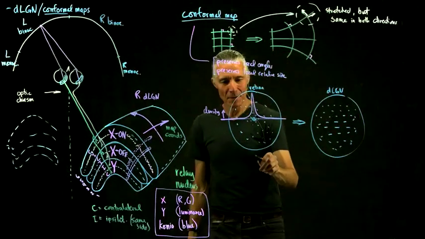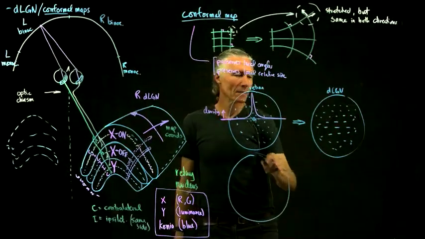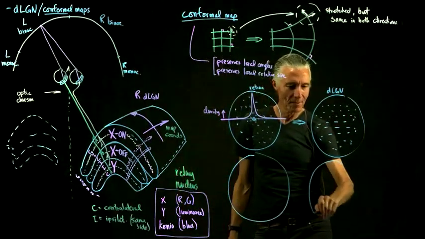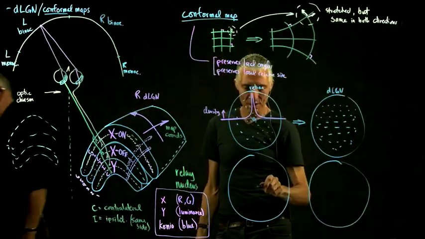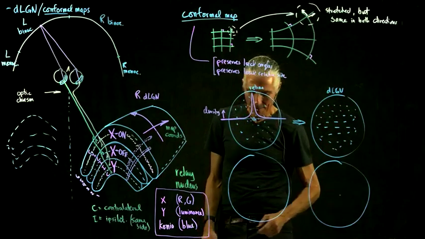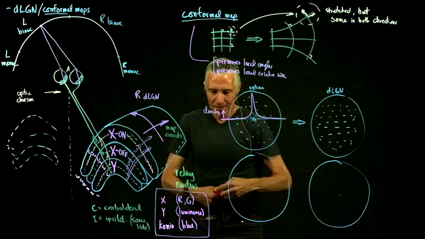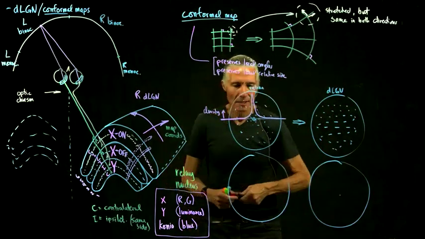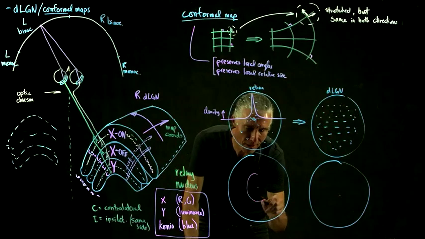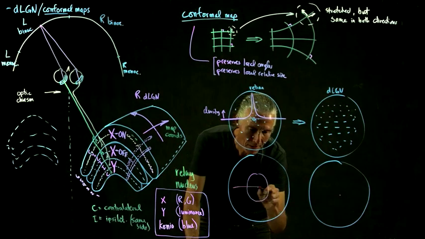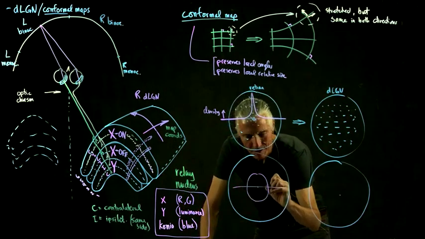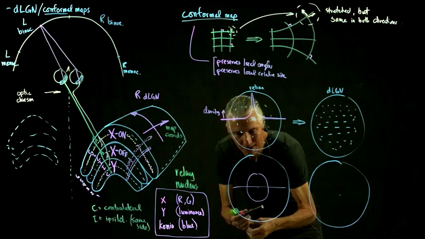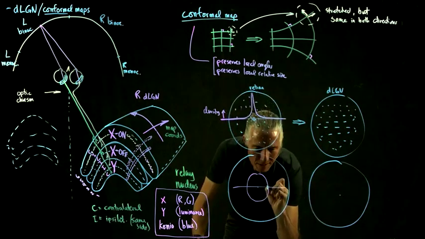And what is the problem? Let's consider 3 points in the retina. Here's the center of the retina. Let's go out a certain distance in the retina like that, and we'll consider point A, and in a different color, point B here.